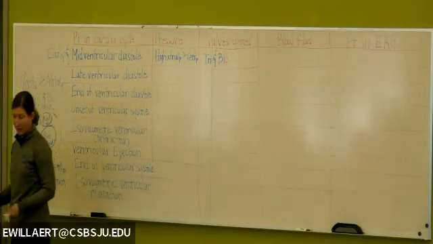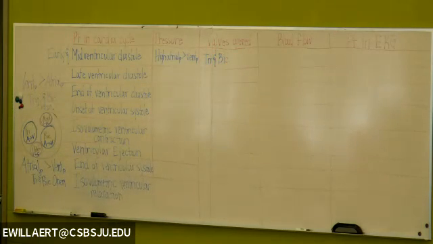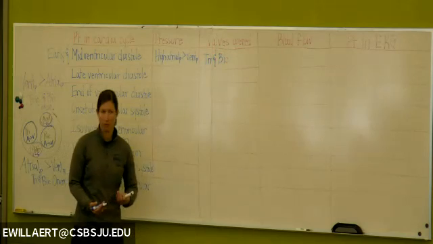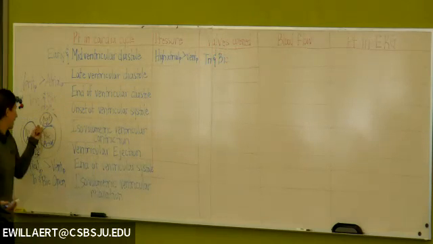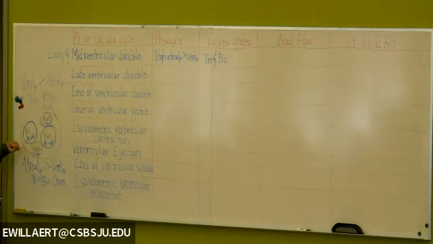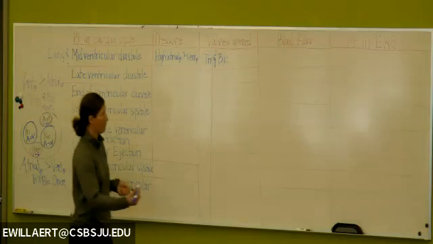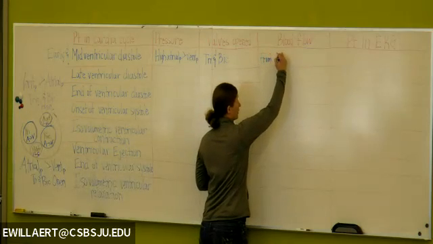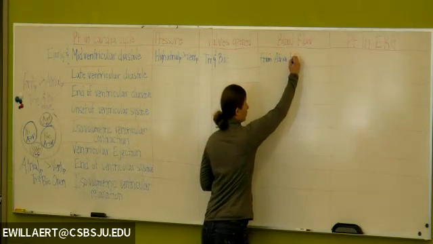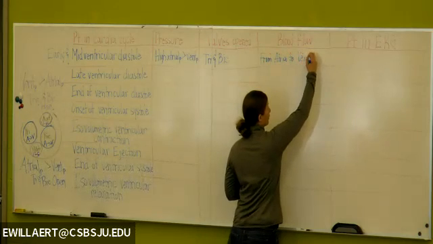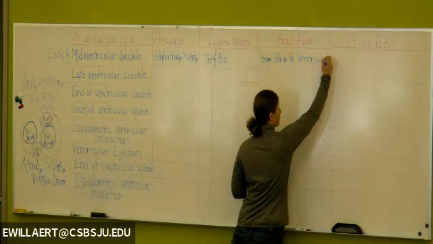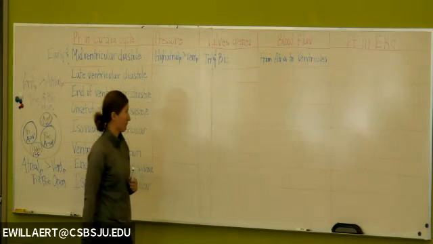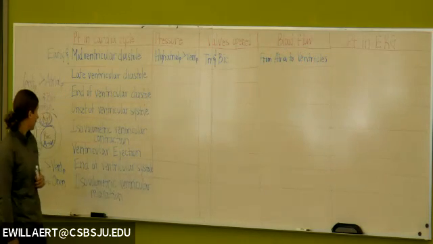And if our tricuspid and bicuspid valves are open, which way is the blood going to flow? What do these connect? Atria and ventricle. So we're going to see blood going from the atria to the ventricles. Okay.